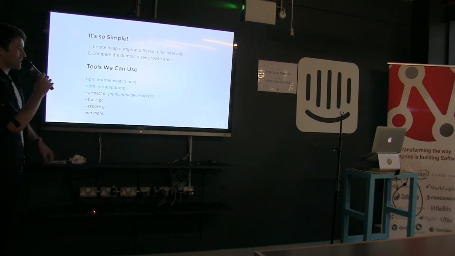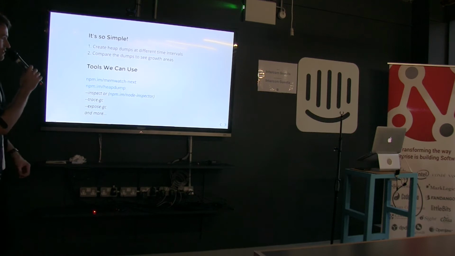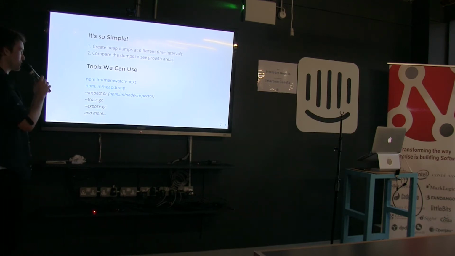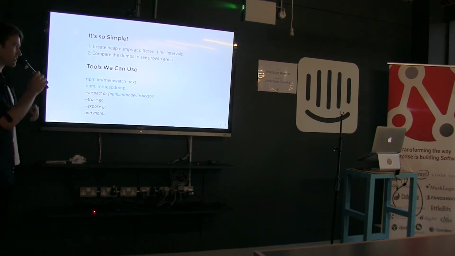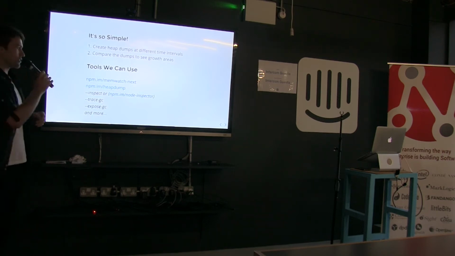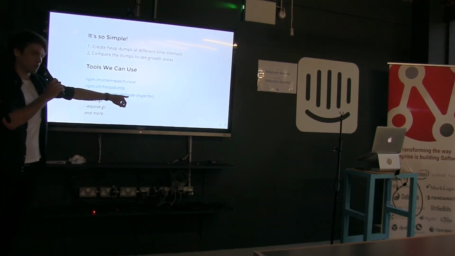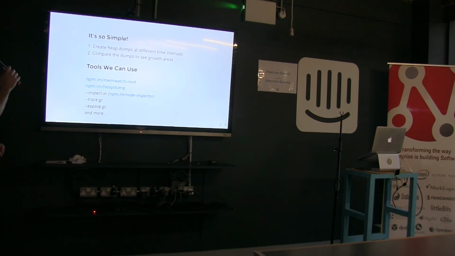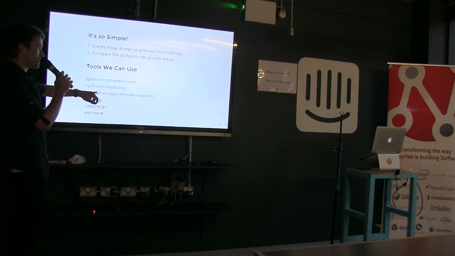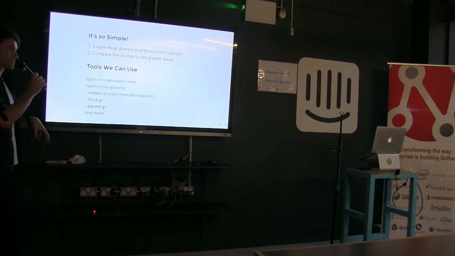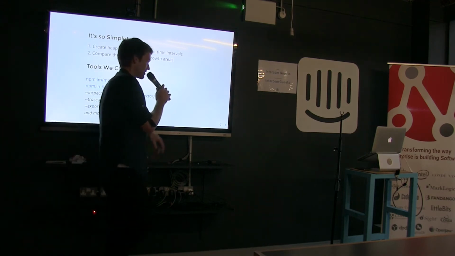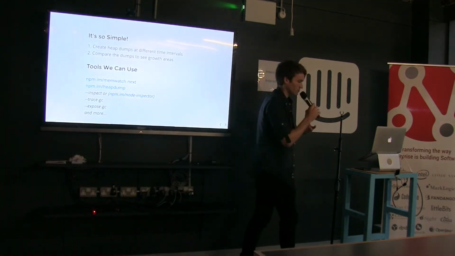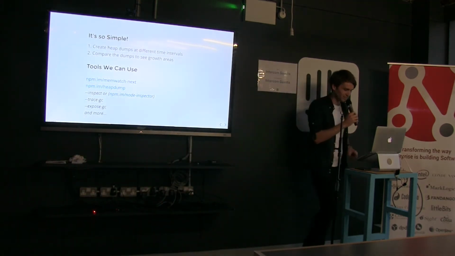The inspect flag allows us to debug our node process in Chrome, which is really cool, and I'm going to show that. That's a new feature since Node 6, so if you're using an older version, we've got a module called Node Inspector, which basically does the exact same thing, and it's really good. Then heap dump is a way for us to create snapshots from within the code itself. And then memwatch is a module that can possibly give us events about memory leaks.